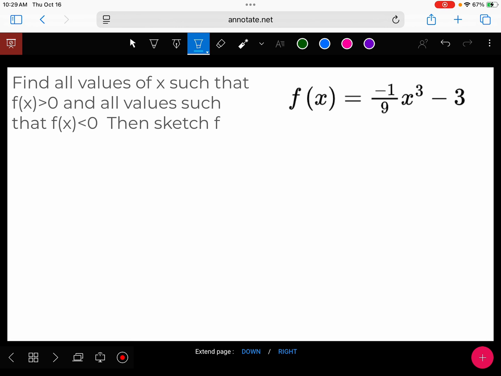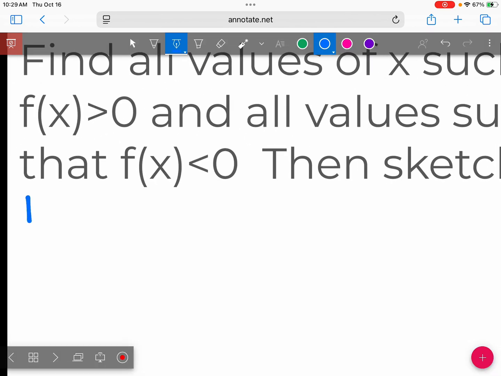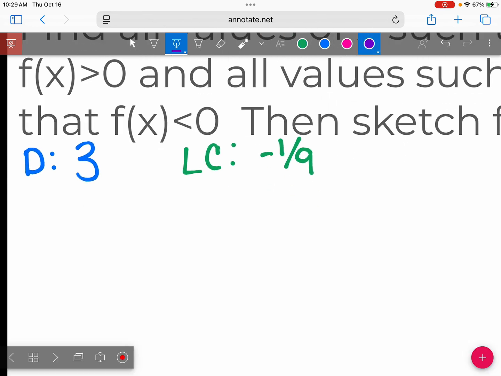We'll start this one out the exact same way. We can find our degree, our leading coefficient, all that jazz. What is our degree? 3. What is our leading coefficient? -1/9. So I can get my end behavior from that. I have an odd degree and a negative leading coefficient.